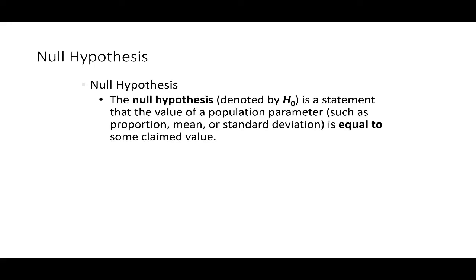So there are two different types of hypothesis we use here. The null hypothesis, which is denoted by H0, like you can see here. That's the statement that the value of the population parameter, such as sometimes proportion, sometimes mean, sometimes standard deviation, you're going to see proportion and mean in this course, is equal to some claimed value.